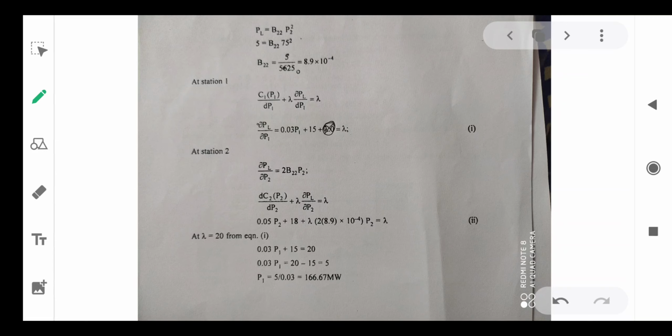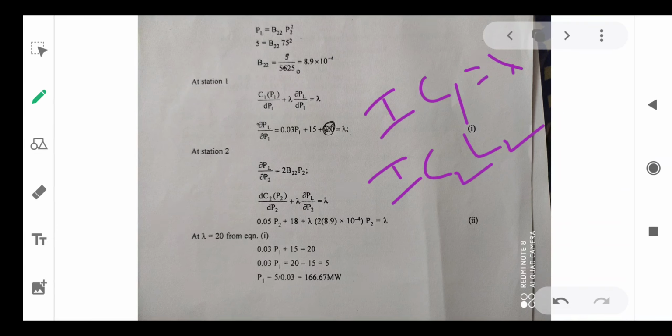So therefore dC1 by dP1 equal to 0.03 P1 plus 15 IC1. This is IC2 into L2. So L1 is anyhow 1. This is L2, that is equal to lambda.